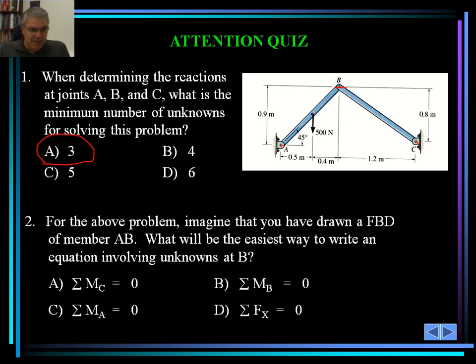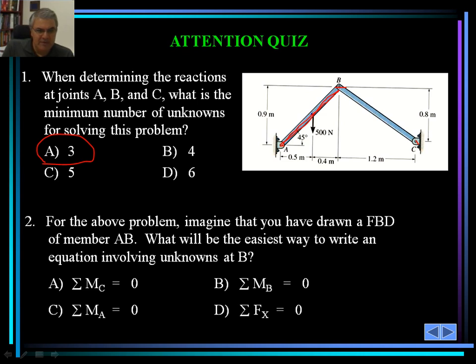For the same problem, imagine that you have drawn a free body diagram of member AB only. What will be the easiest way to write an equation involving unknowns at B?